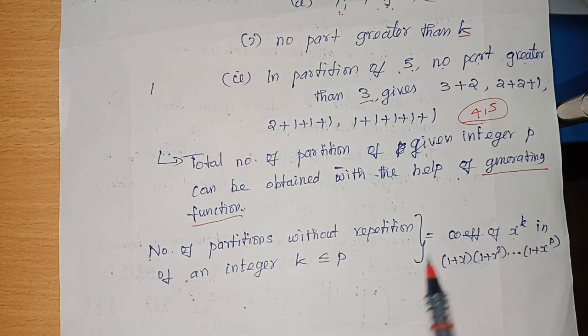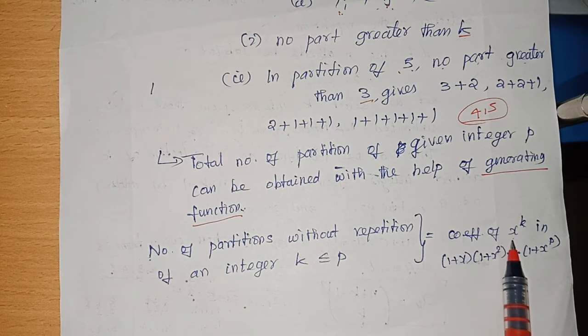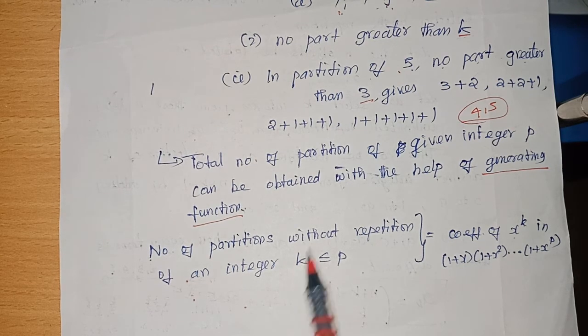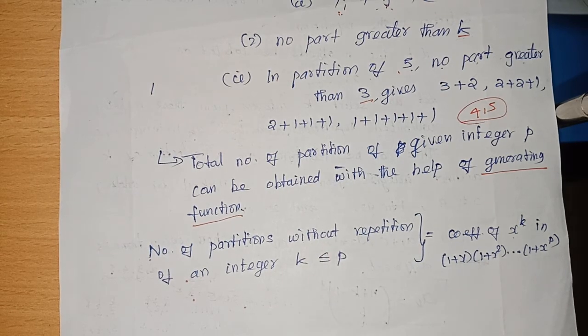So when I multiply all these and collect the coefficient of x to the power k, that gives me the number of partitions without repetition of an integer k which is less than or equal to p. So I am going to count the number of partitions of k without repetition, where k should be less than or equal to p.